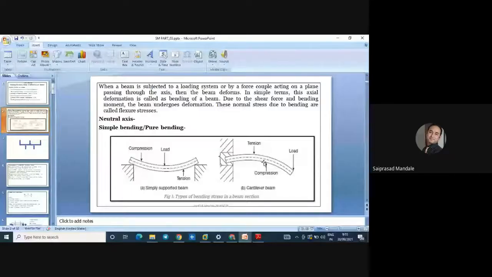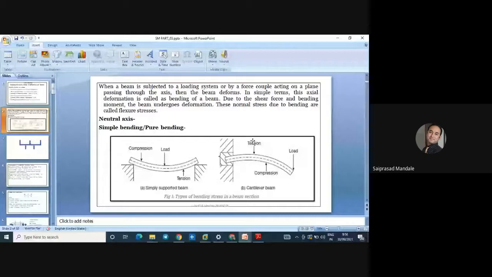In opposite to that of the simply supported beam, the cantilever beam behaves completely reversed. Its top layer is subjected to tension and the bottom layer is subjected to compression.